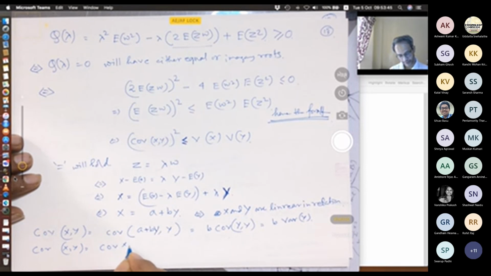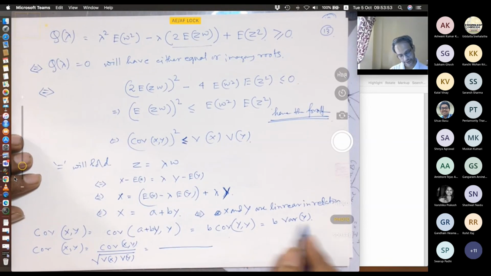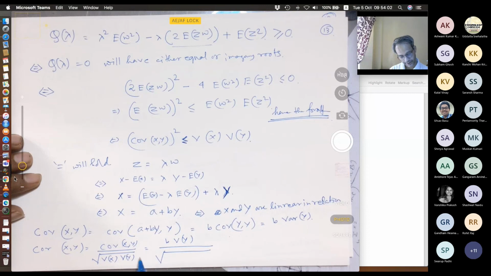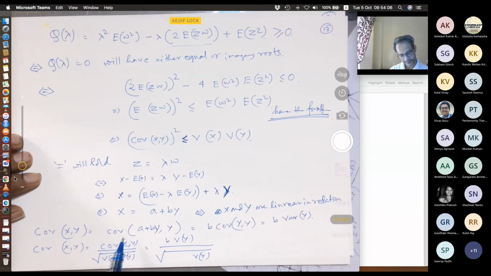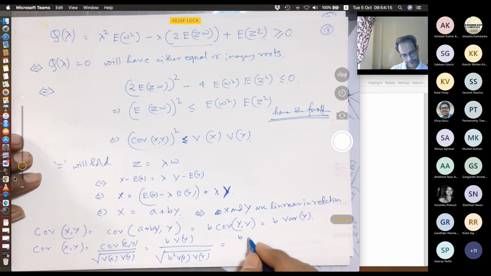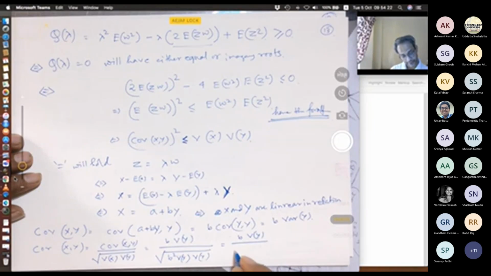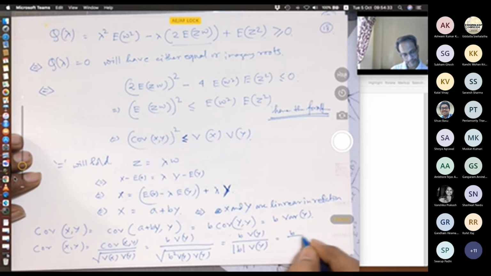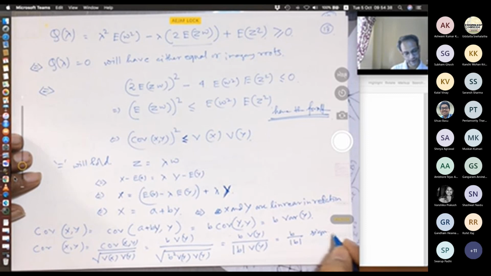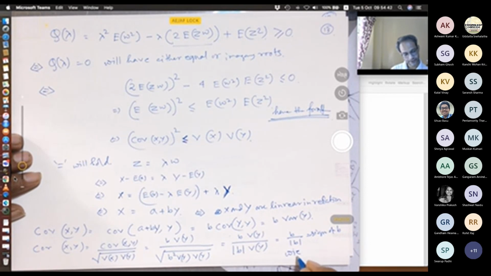It is covariance of XY divided by square root of variance of X into variance of Y. In the numerator you get b times variance of Y. Variance of X is nothing but b squared times variance of Y. So it is b times variance of Y divided by mod b times variance of Y. So it is b by mod b, the sign of b, which is +1 or -1.